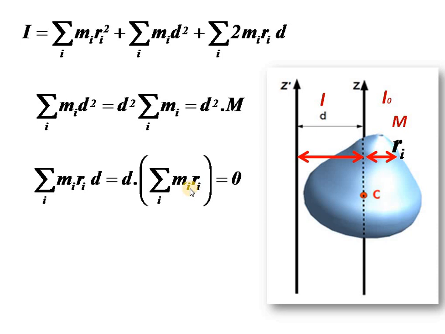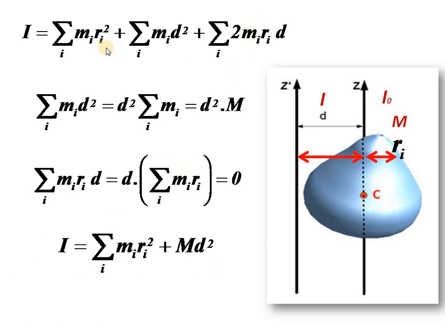Everywhere, m1 r1 plus m2 r2 is equal to 0 when we take it with respect to the center of mass point. So the summation of mi ri is equal to 0, and the third term now becomes 0, for an obvious reason.